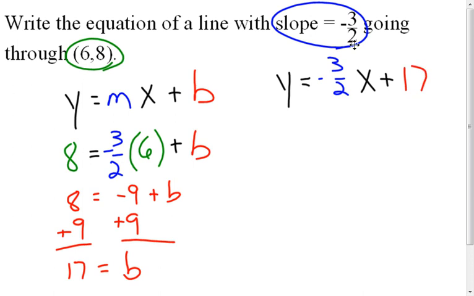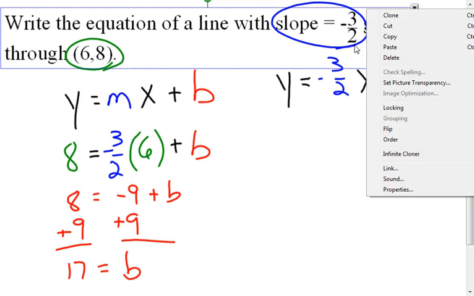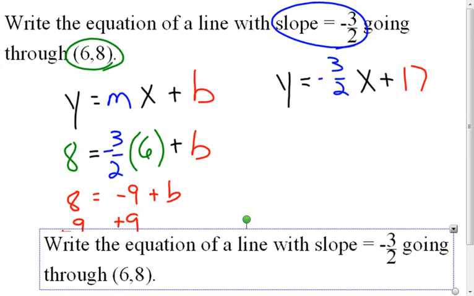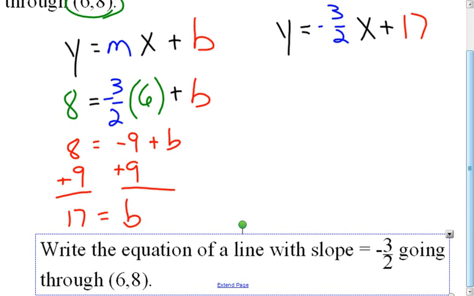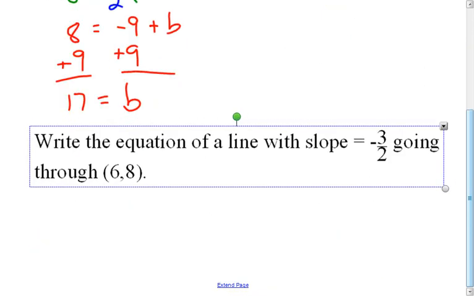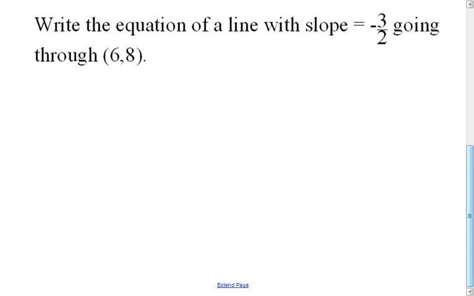Right there, I have the equation of a line that has a slope of -3/2, and it goes through the point (6, 8). Another way to look at this, I'm going to take this and bring it down. The way that I personally like is point-slope form. In point-slope form, we have y minus something equal to our slope, and then x minus something.